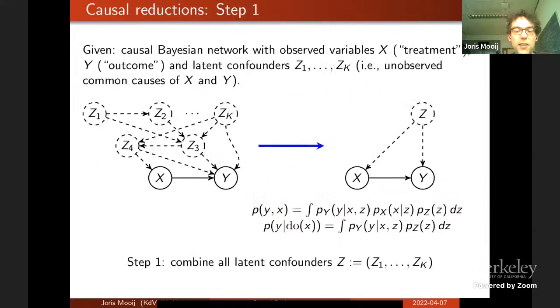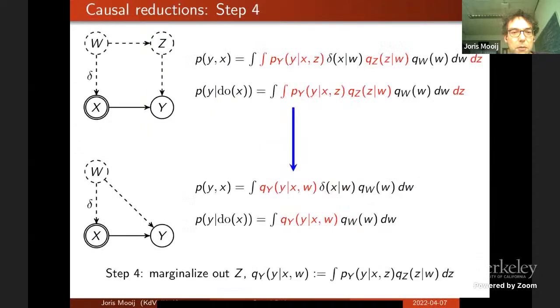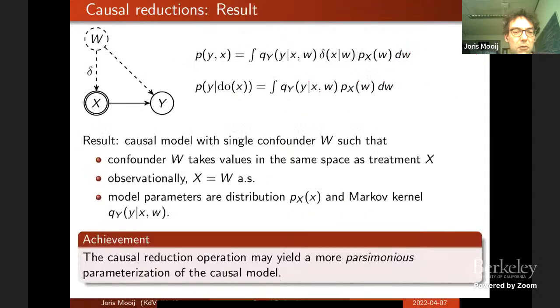We actually have all these latent confounders that could give rise to a dependence between X and Y, even if there would be no effect of X on Y, so if the arrow from X to Y is not there. And that is basically also why we need here the arrow from W to Y and from W to X to realize that dependency, even if there would be no direct effect from X to Y.